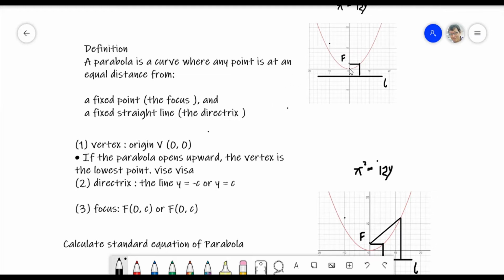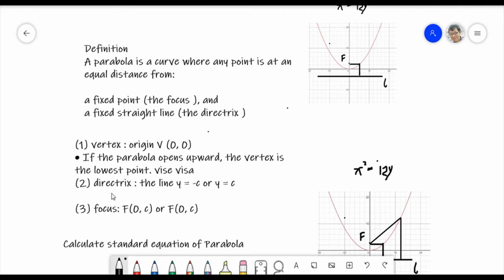So at the center point of the coordinates. If the parabola opens upward, like this one, the vertex is the lowest point of the graph. Vice versa, if the parabola opens downward, then definitely the vertex is the highest point.